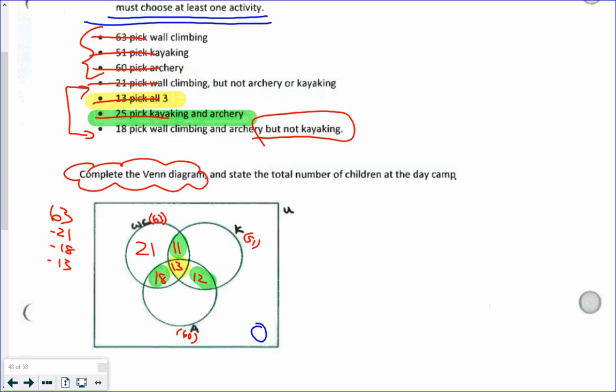Now I can do the same for this circle. I've got 51 for the total. I'm going to minus 11, 13, and 12. So I think that's 15. And then for archery, the total is 60. I'm going to minus off the 18, the 13, and the 12. So I think that's 17.